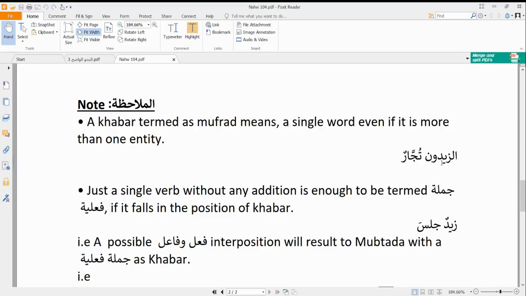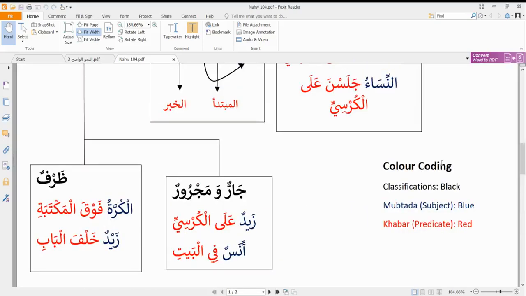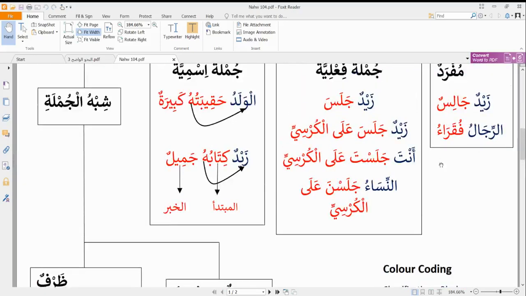What we mean by mufrad is the number of words that we use, not the number of people it is referring to. Like when we say azzaiduna tujjar, the Zaids are traders. We see that tujjar is a single word, even though it is plural.